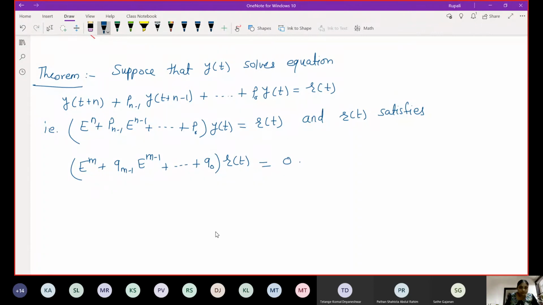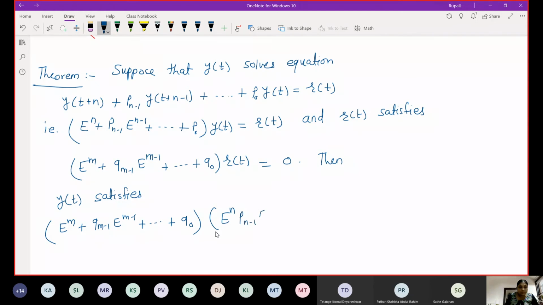Then y t must satisfy E raised to m plus q m minus 1 E raised to m minus 1 plus and so on, q0, then E raised to n plus p n minus 1 E raised to n minus 1 plus and so on, p0 operated on y t is equal to 0.